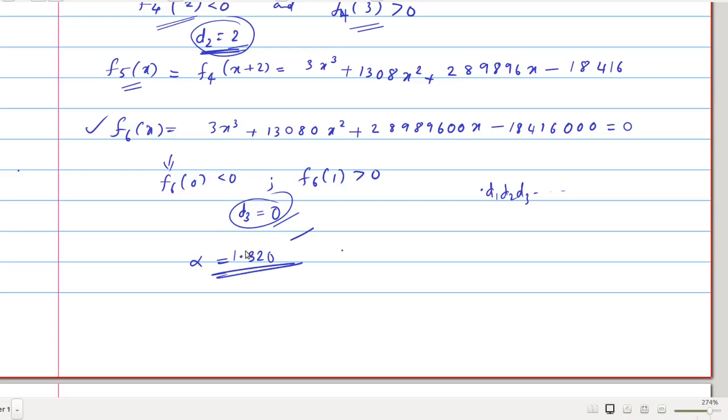Then alpha takes the form 1.320, and corresponding to 2 decimal places we get alpha equal to 1.32. Okay, so this gives the root of the original equation we started with, using Horner's method.